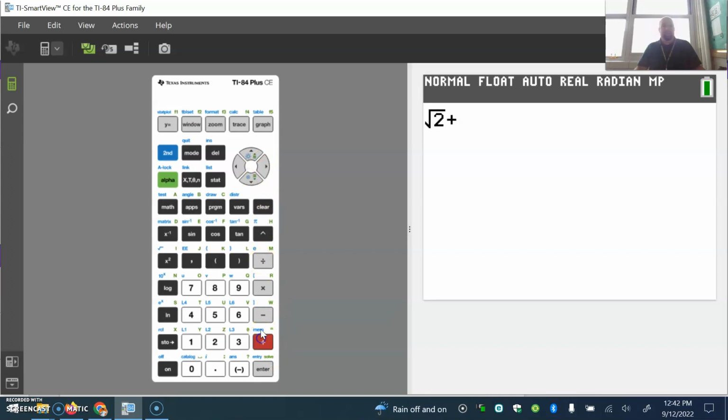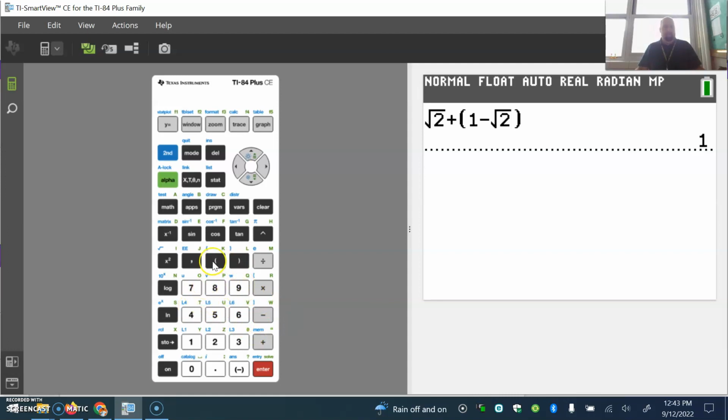Now I'm going to add to it. I had to stop the radical symbol from continuing there. Now, 1 minus the square root of 2. And then I'll end parentheses. When I hit enter, watch what happens.